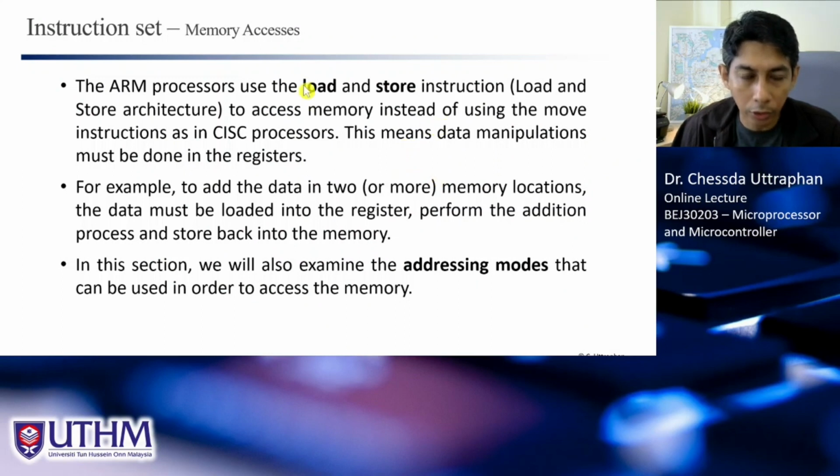Load is to read from the memory, and store is to write into the memory. Now we will look at the instruction that is used for load and for store.